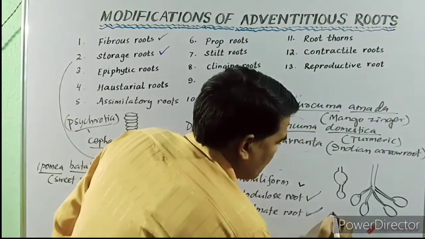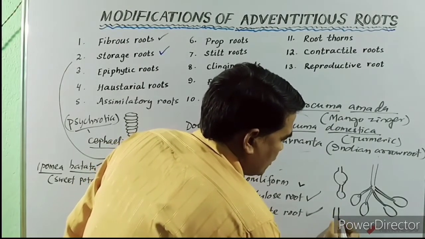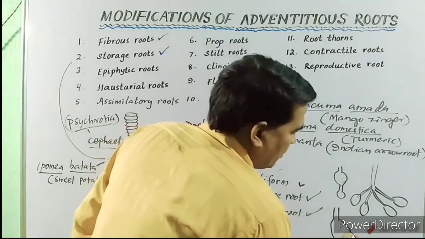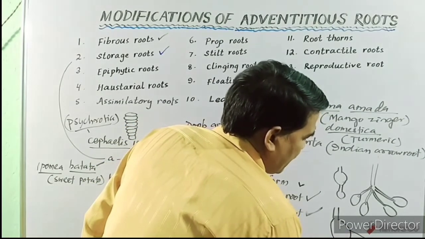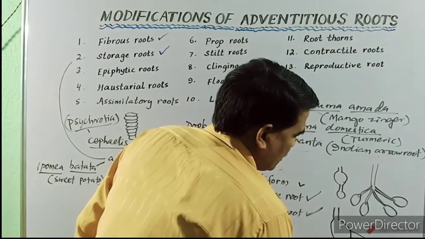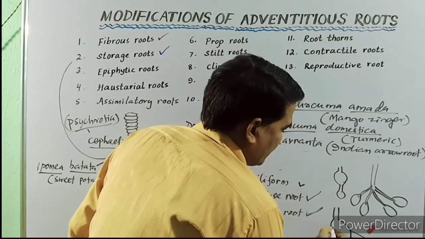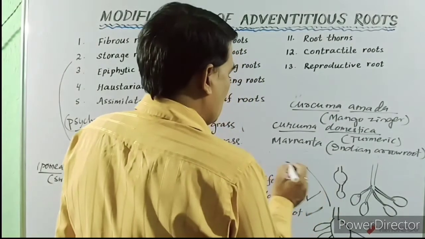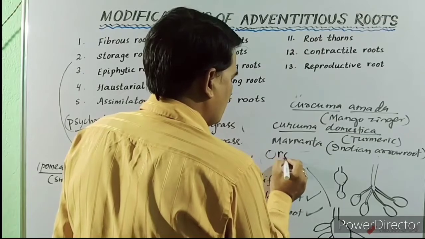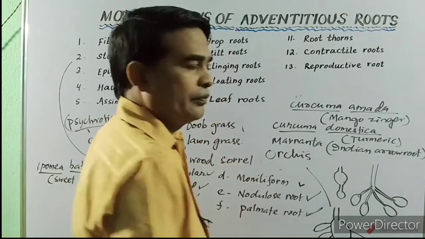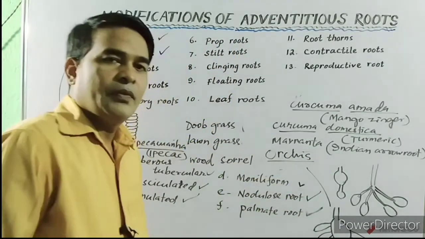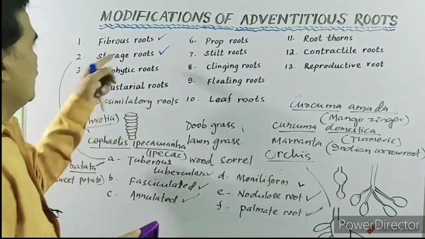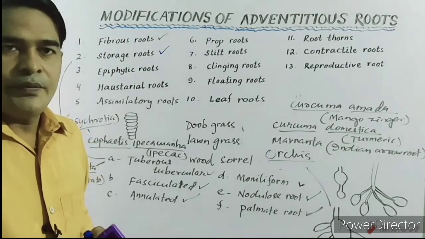Like this, suppose this is a swollen root; from this root, finger-like outgrowths develop. This type of root is found in orchids. So this is all about the storage roots.